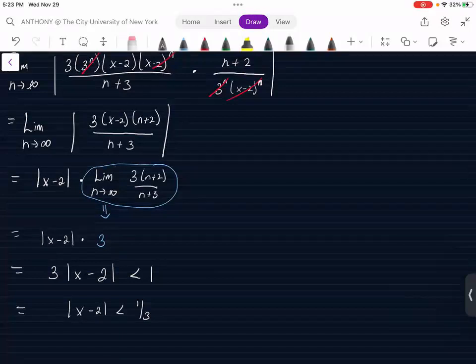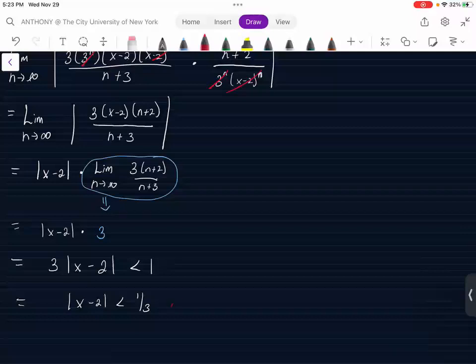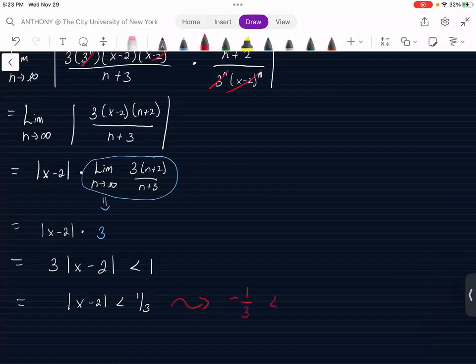But you can rewrite this where you remove the absolute value bars. Technically speaking, if the absolute value of x minus 2 is less than 1/3, then this implies that negative 1/3 is less than x minus 2, which is less than positive 1/3.